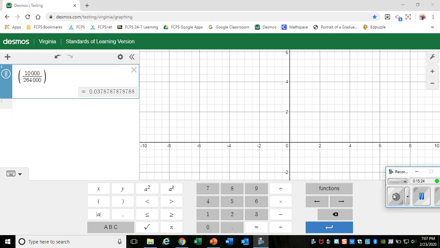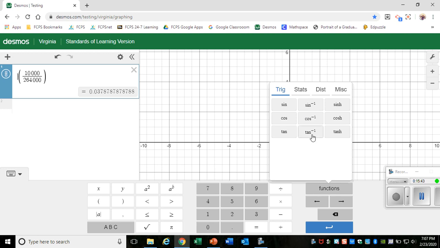Now I'm going to teach you something new. You're going to do 10,000 divided by 264,000. Put them in parentheses. But in the front, go to the front. You're going to actually do tangent. But you see this tangent to the -1?